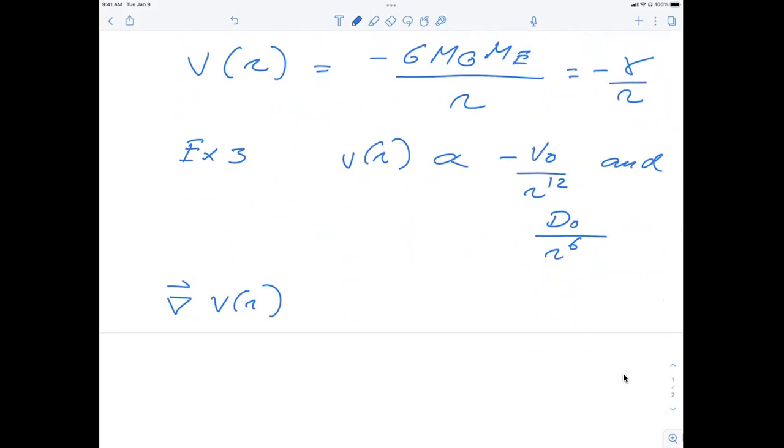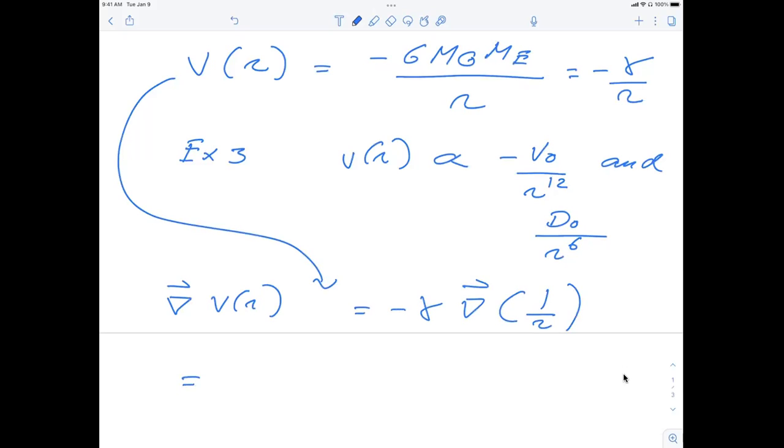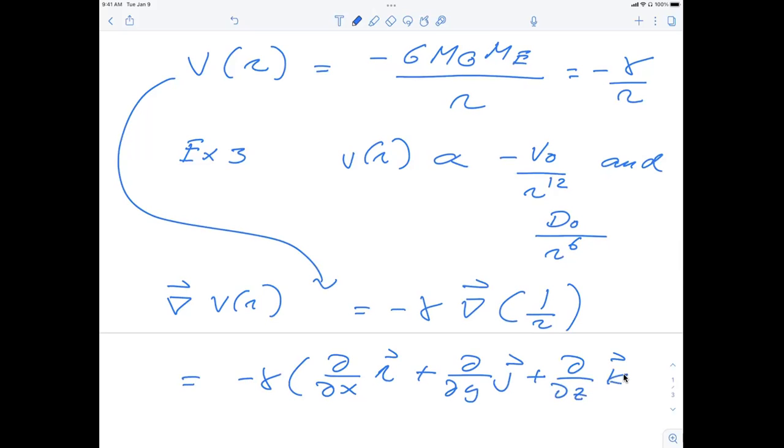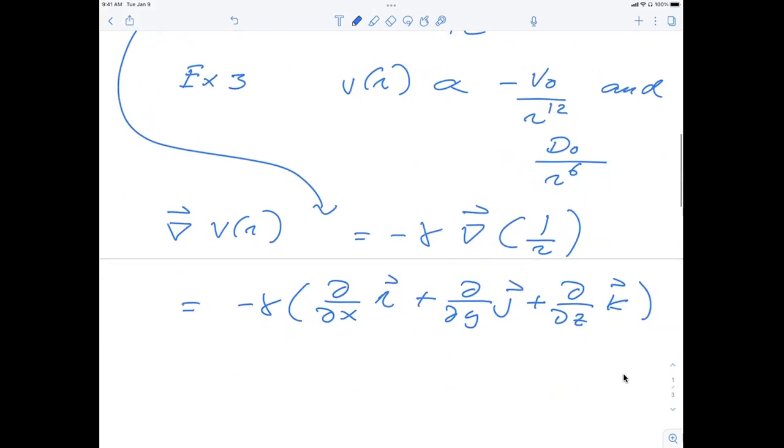And if we take the gravitational force, this quantity here is the same as minus gamma, and then I have my gradient of 1 over r, which again means that we simply have minus gamma, and then I have d dx times i, plus d dy times j, plus d dz with respect to the z component k. This is the gradient, and this is multiplied with 1 over r. So we're taking the derivative.